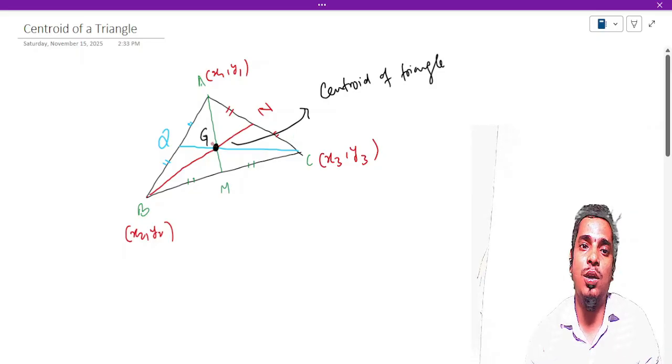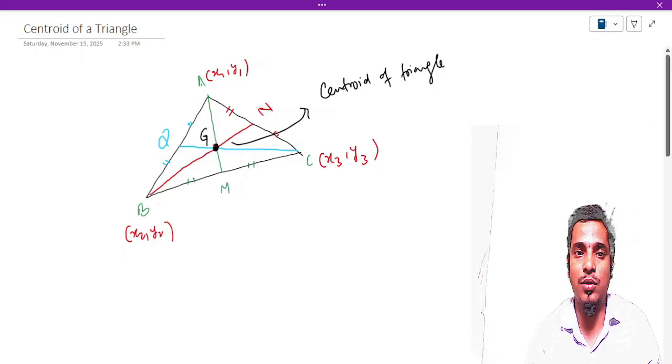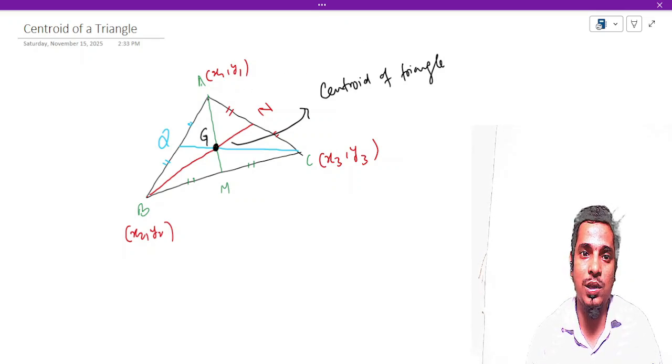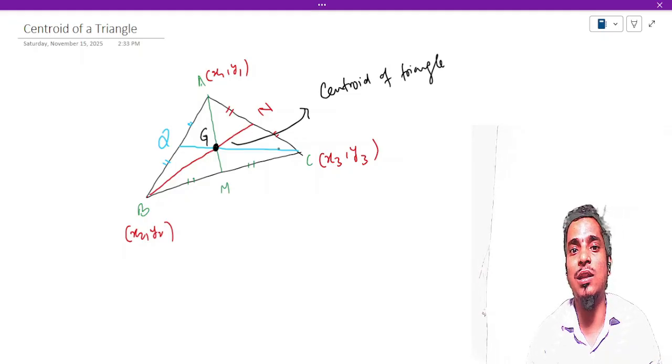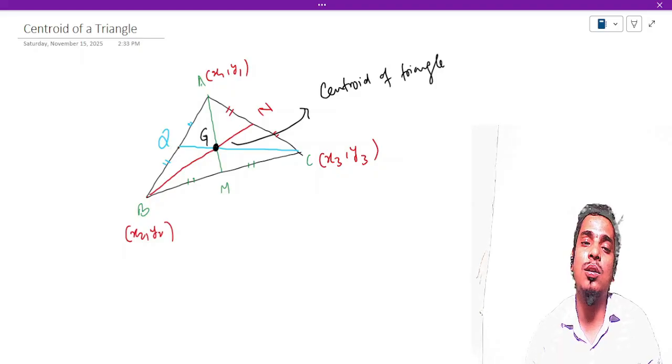We need to find the coordinate of this centroid. One important point is that G divides the median AM into two parts, AG and GM. Likewise, it divides the median BN into BG and GN, and the median CQ into CG and GQ.